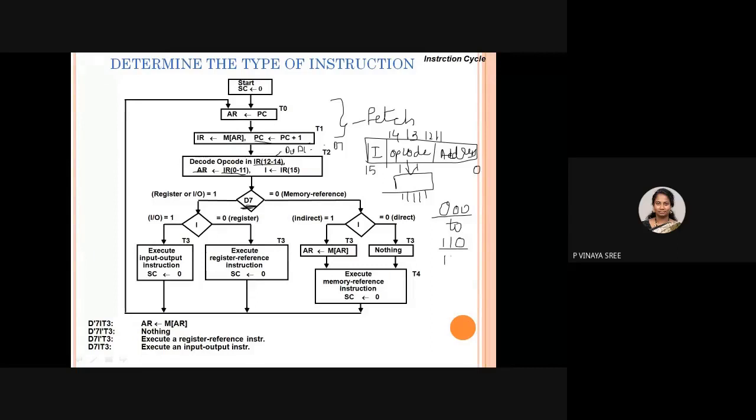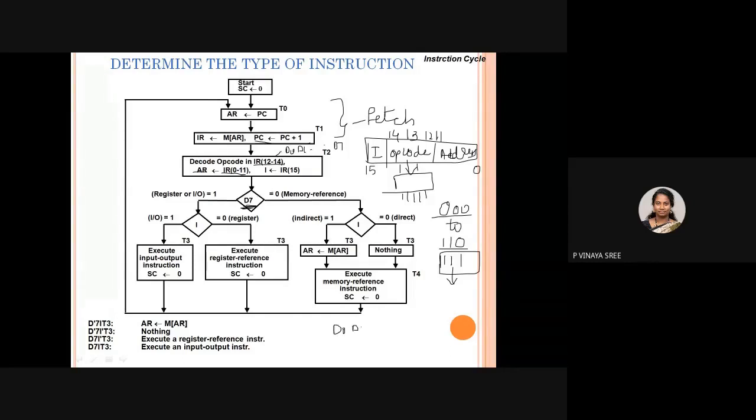If in the opcode we have triple one, that indicates it is not a memory reference instruction. It is either a register reference or input output. So D7 is the deciding one. So we have given D7. That indicates D7 is not high. That indicates what?